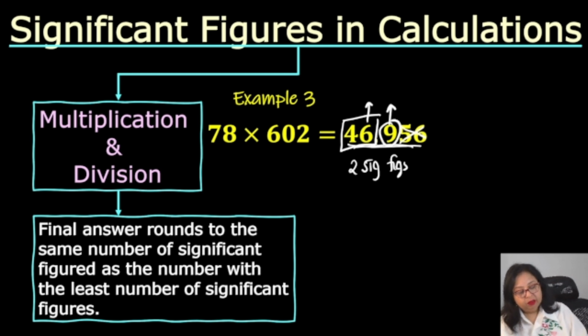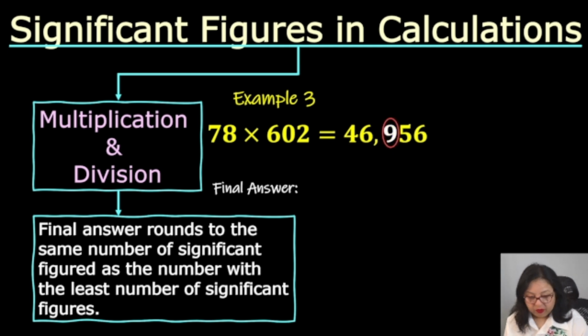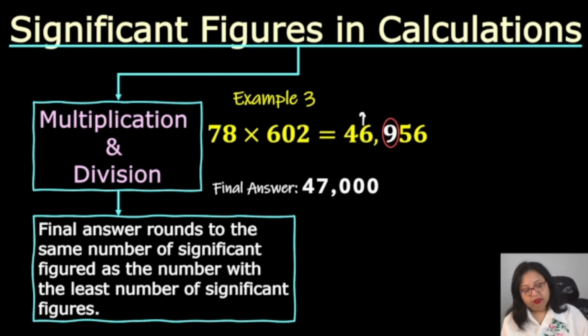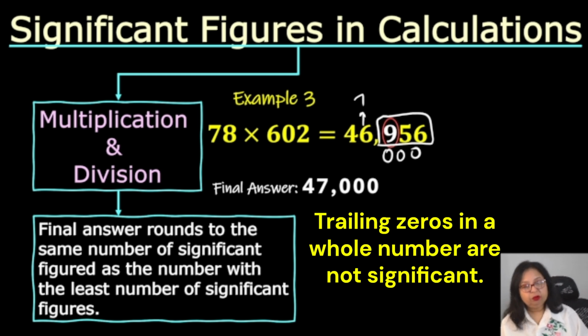If this third digit had been less than 5, then the digit to the left of it would have remained itself. But since this third digit is 9, what's going to happen is that the 6 over here will round up to 7, and all of these will become zeros now.